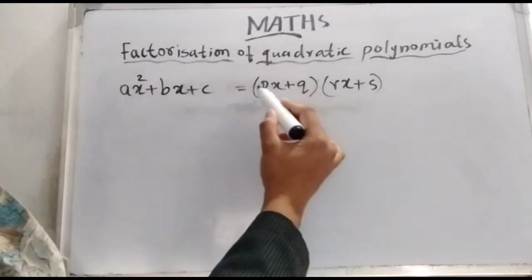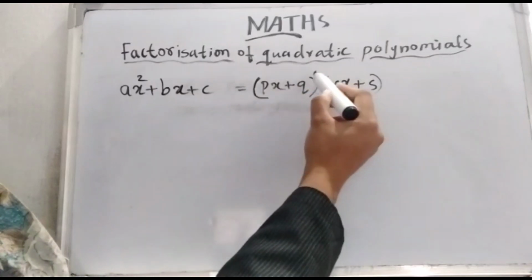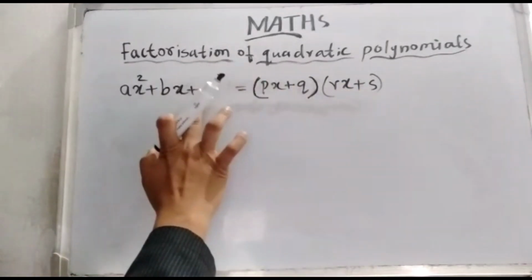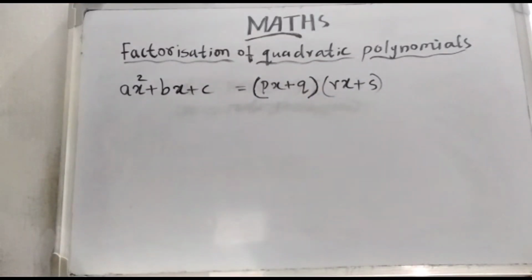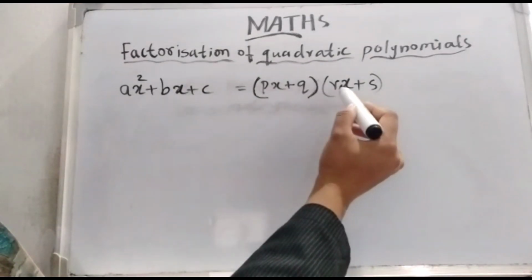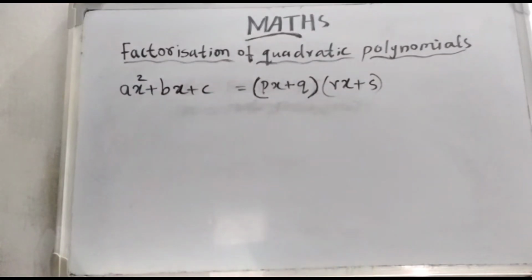Then we can factorize this quadratic polynomial as the product of its factors. px plus q and rx plus s are factors of this quadratic polynomial.